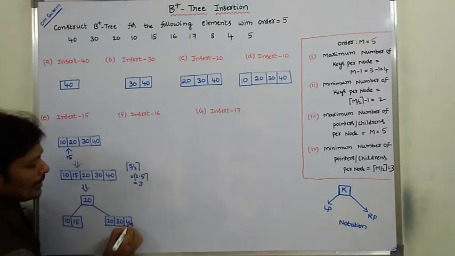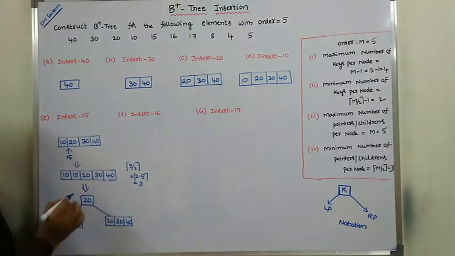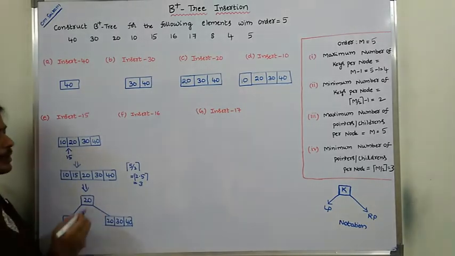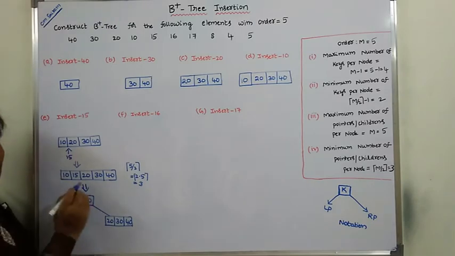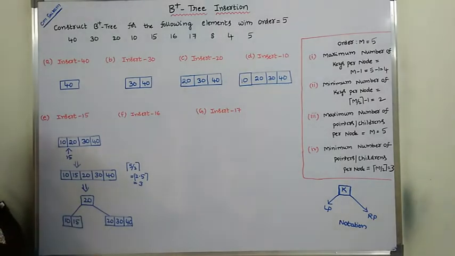Because in the B plus tree, an internal node means a node which has children, and that internal node contains only pointers or addresses. These pointers point to the data element at the leaf node.